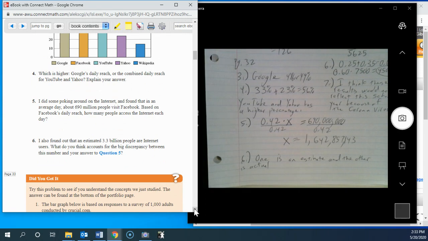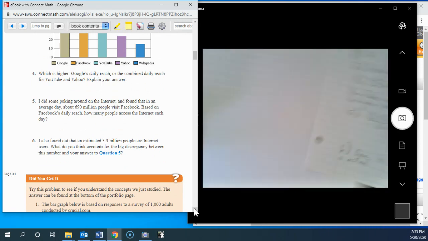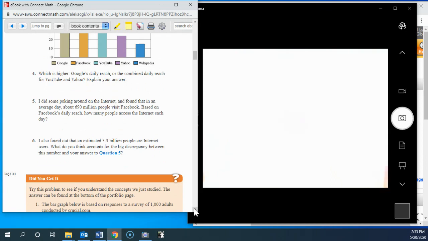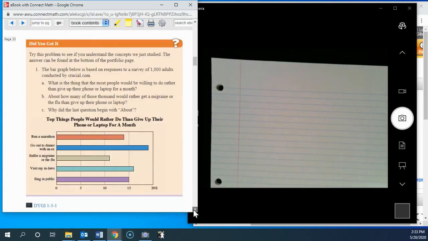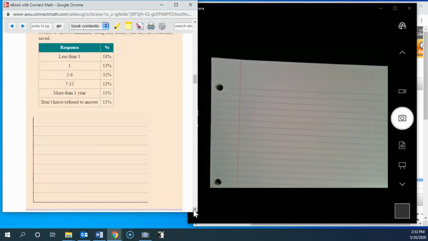Now we have a few more problems to do, and then we will go on to the rest of the activities for today. Let me scroll down here. Okay, we need to go to page 35.